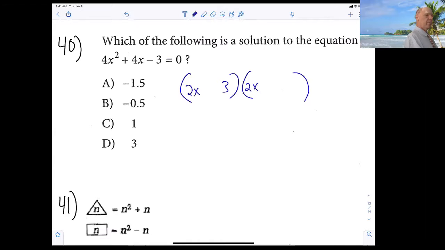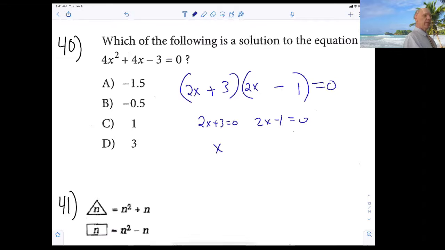And then it's negative 1 and positive 3. So now 2x plus 3 equals 0, and 2x minus 1 equals 0. So x equals negative 3 over 2, or x equals 1/2.